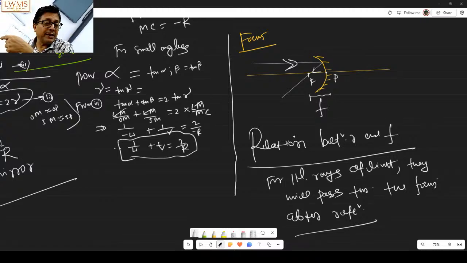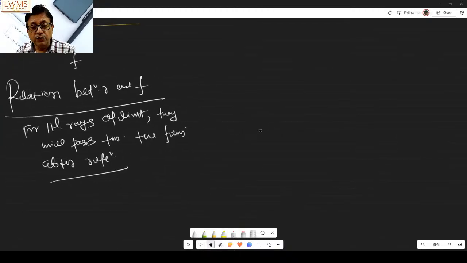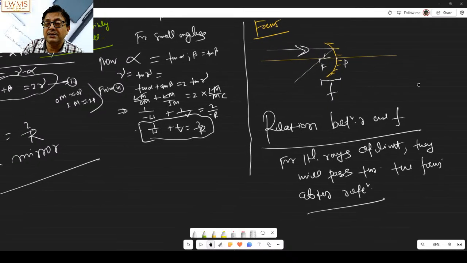So focus is the point where, if the object is at infinity, the rays should meet. So focus is going to be actually equal to what? Focus is going to be actually the image distance, under what condition? When rays are coming from infinity. So we can write our conclusion here.